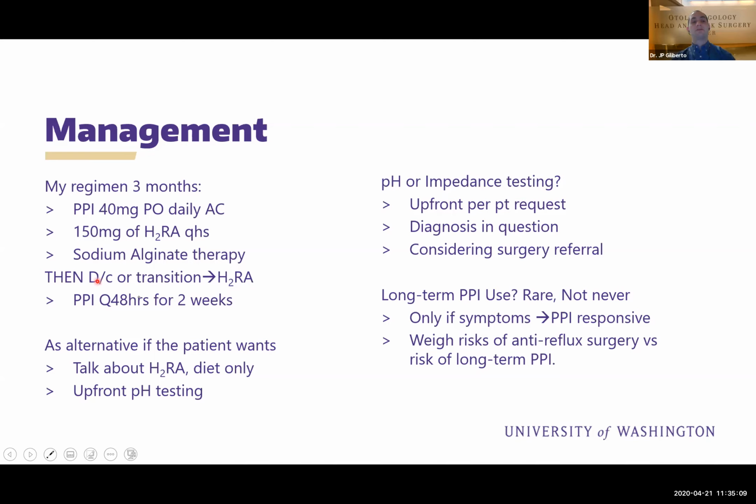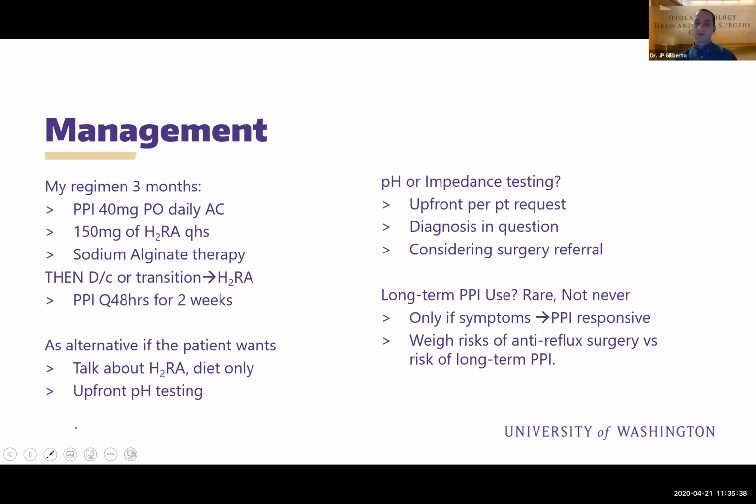Then we will discontinue or transition to H2 blockers, and for about 2 weeks we'll go every 48 hours on the PPI to avoid the rebound effect. If patients say, I'm concerned, I really don't want to be on these medications, I will offer them the alternative to do just the H2 blockers first, and even now doing pH testing up front.